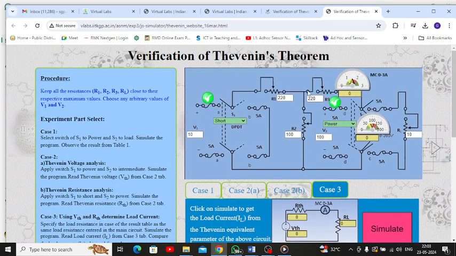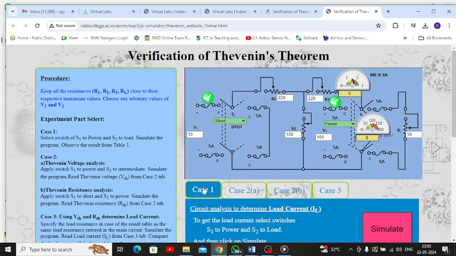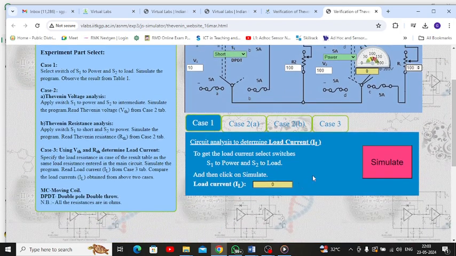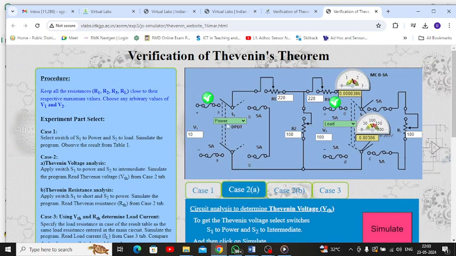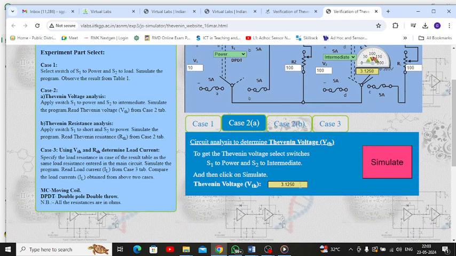Now I can repeat the same experiment for different values of resistance. Case 1: this has to be turned to power and this to the load condition, simulate. Then case 2a: here it is power and this is kept at intermediate so that we can measure the Thevenin voltage.